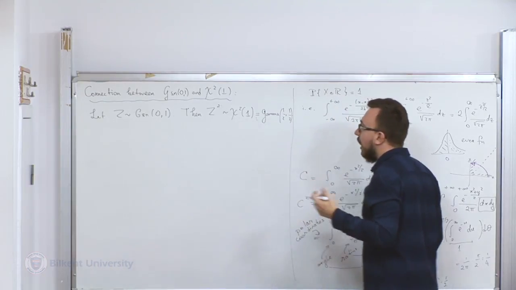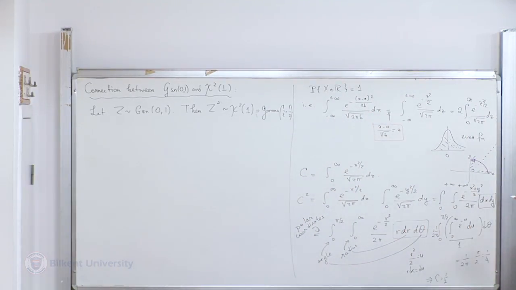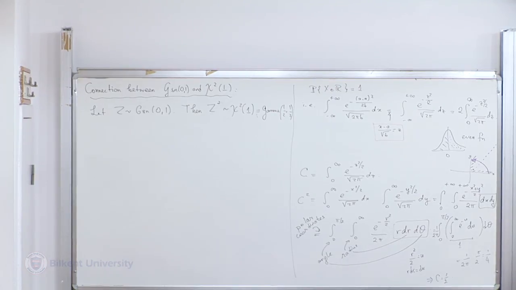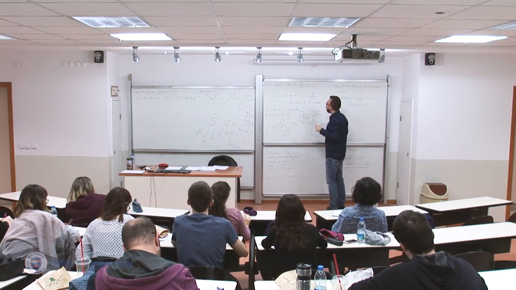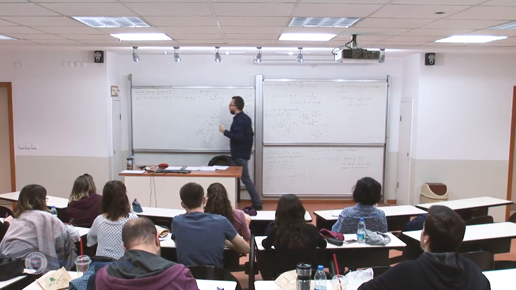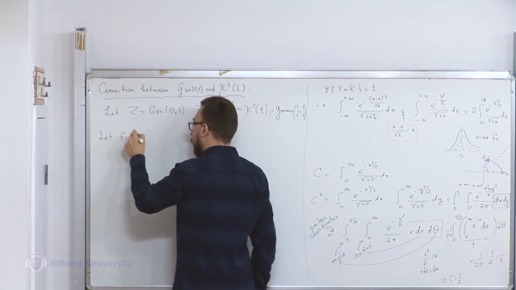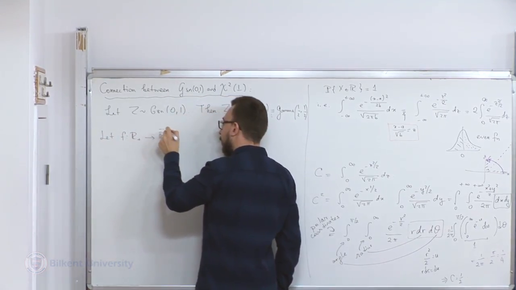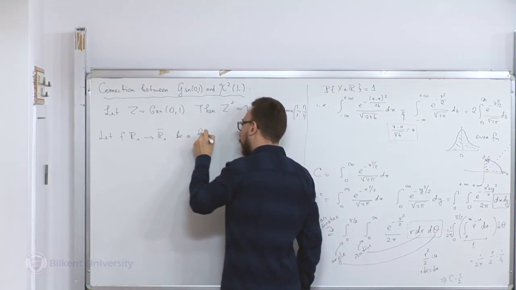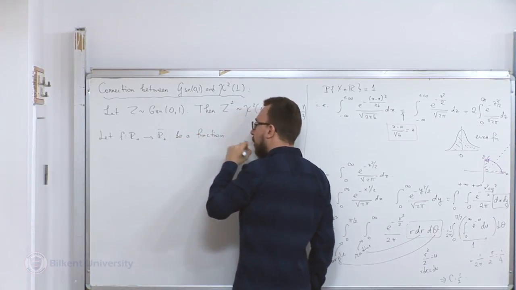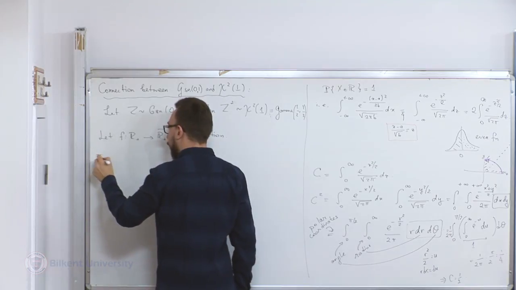Okay? Well, how can we prove it? Well, we can prove it in a similar way. We solved our exercise, right? In the Gaussian case. So what we're going to do is to take a function of Z square. So let f be a positive measurable function. And let us calculate the expectation of f of Z squared.